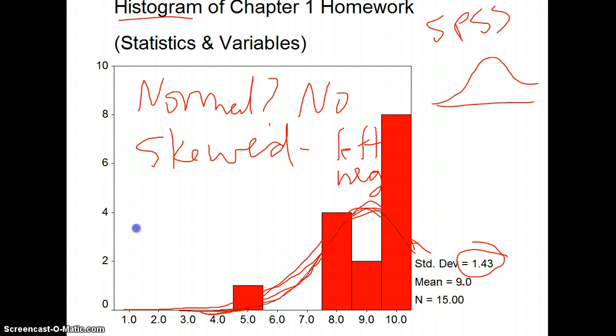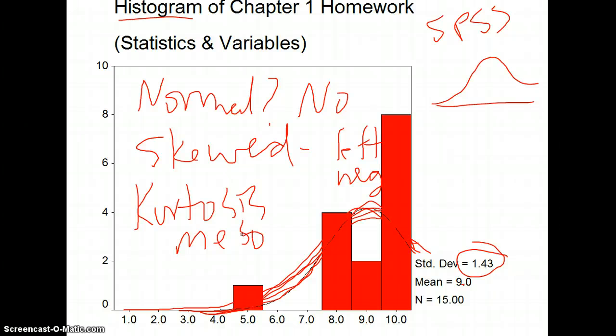How about kurtosis? Is this peaked? Is this flat? Or is it somewhere in between, this curve? Peaked, flat, or somewhere in between? I'm going to go for somewhere in between. Do you remember what that was? It was mesocurtic. We had leptocurtic, platycurtic, and mesocurtic was in between.